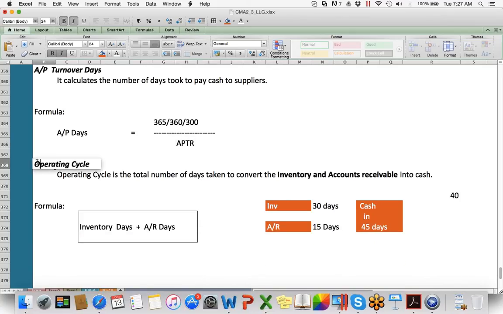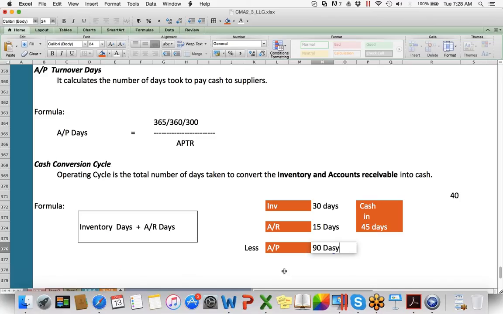Then you need to find out the cash conversion cycle. Overall cash conversion cycle gives us inventory days, accounts receivable days, minus accounts payable days. So you'll have to say less accounts payable days. Say he gives you 90 days.